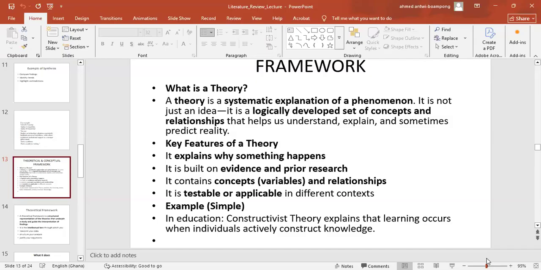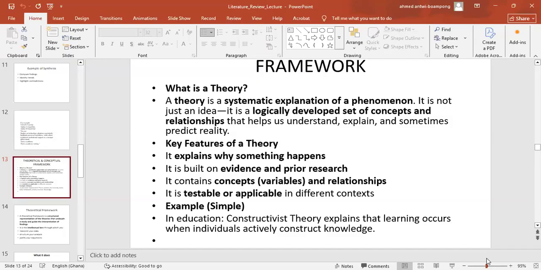Again, in constructivist theory, there are variables, for example technology mediation and teacher presence online. These concepts are testable.